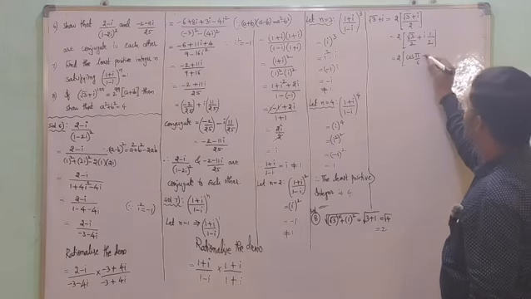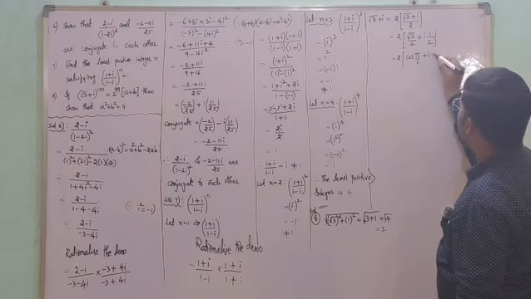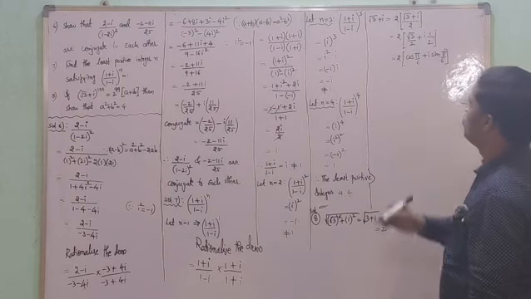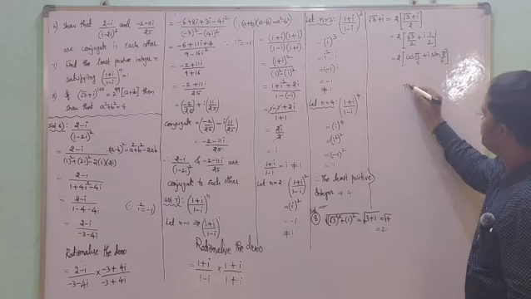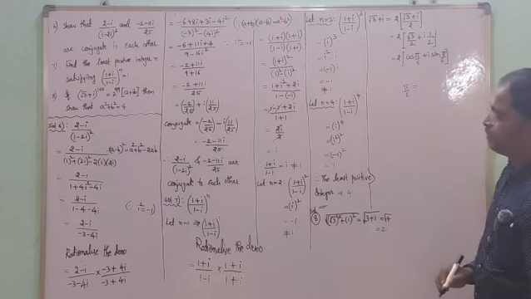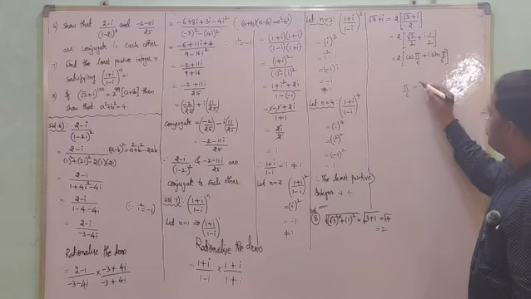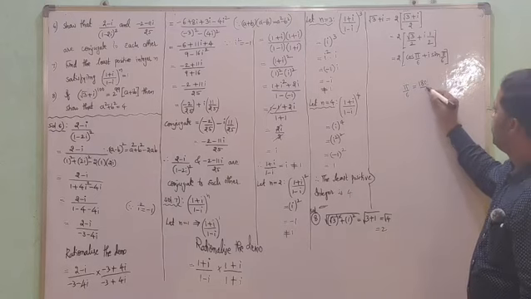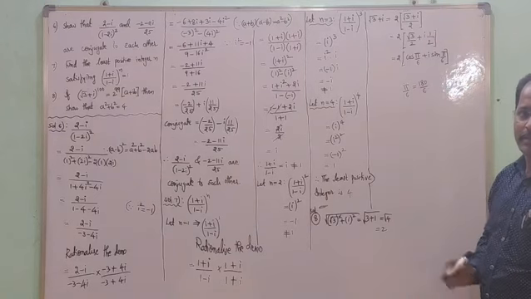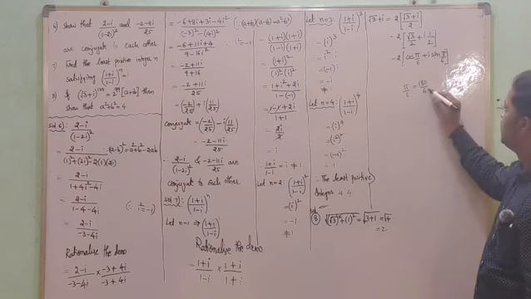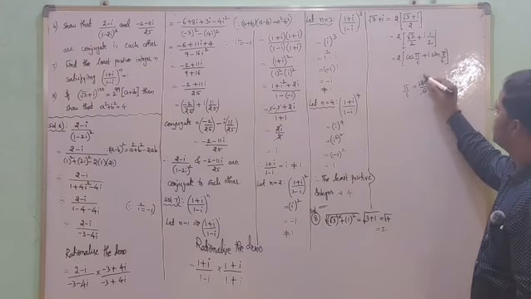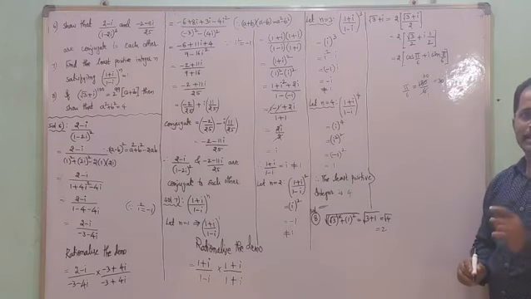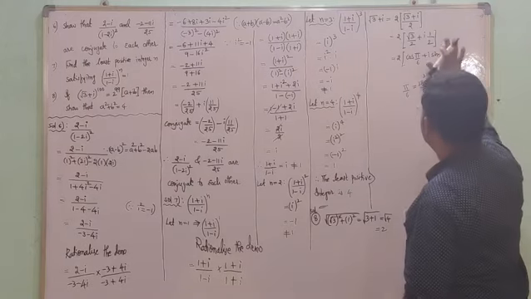Plus i into 1 by 2 can be written in sin function: sin 30, which is sin pi by 6. We say 30 but write pi by 6. Pi means we already know 180 degree, divided by 6. 6 1s are 6, 6 3s are 18, so the answer is 30 degree. Pi by 6 means 30 degree.